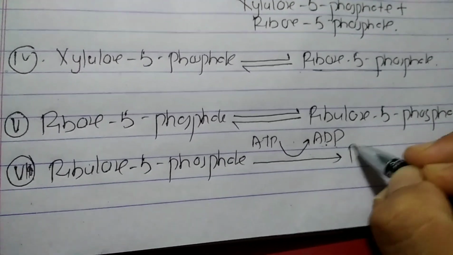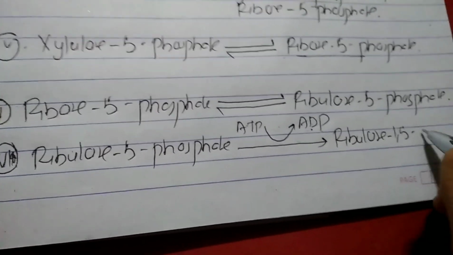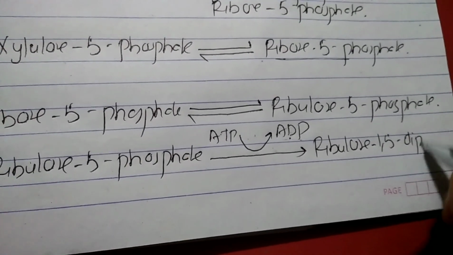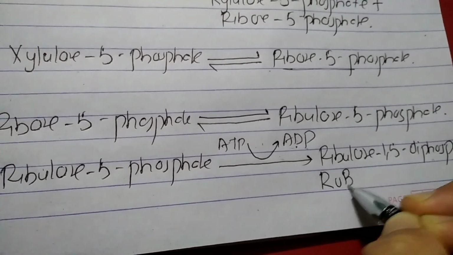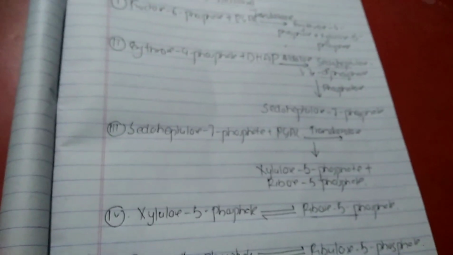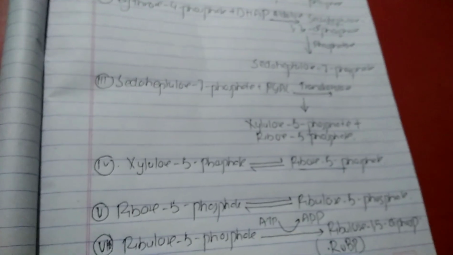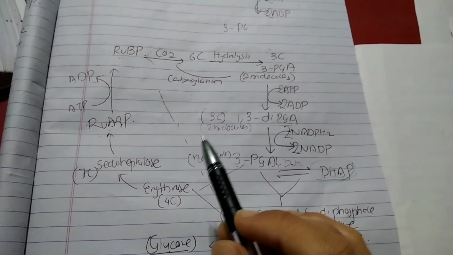So it will give us ribulose 1,5-bisphosphate, which is RuBP. In this way, RuBP is regenerated, and it will now again start another Calvin cycle. So in this way, one Calvin cycle is completed.